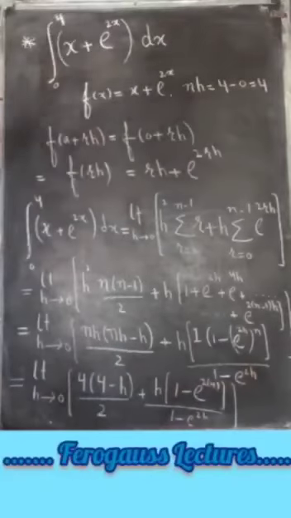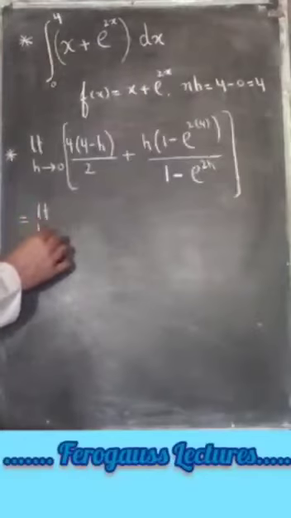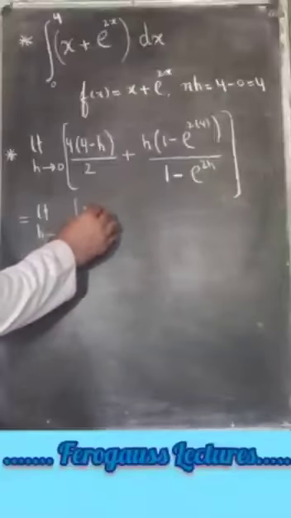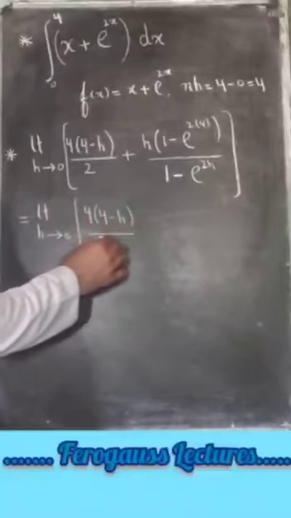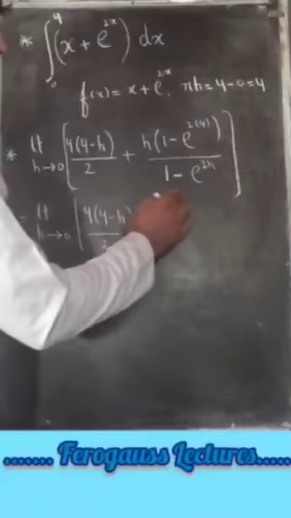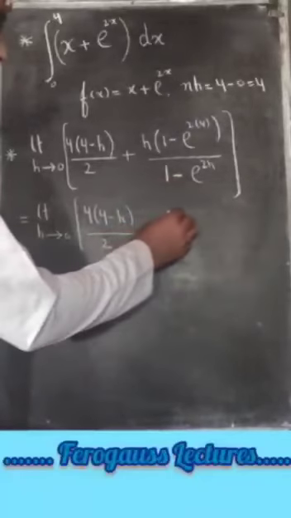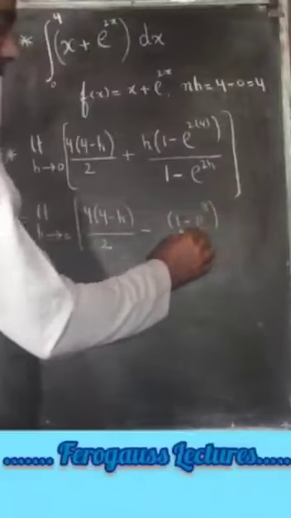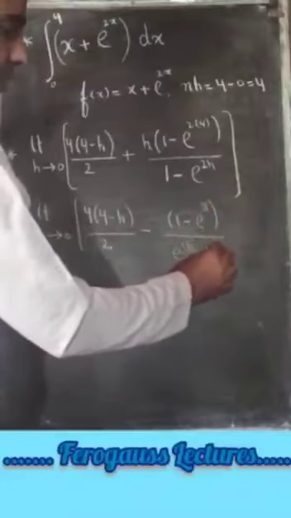Okay, this is further equal to the limit as h tends to 0 of (4 minus h) divided by 2 plus, now take minus common from this denominator, so we can write minus (1 minus e^8) divided by (e^(2h) minus 1).